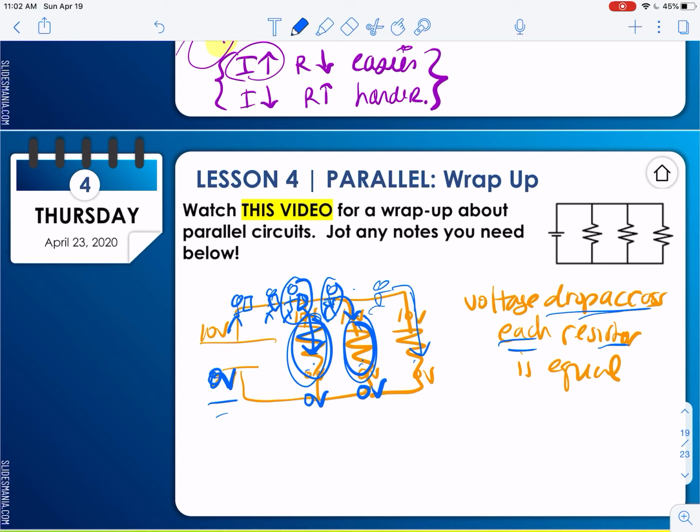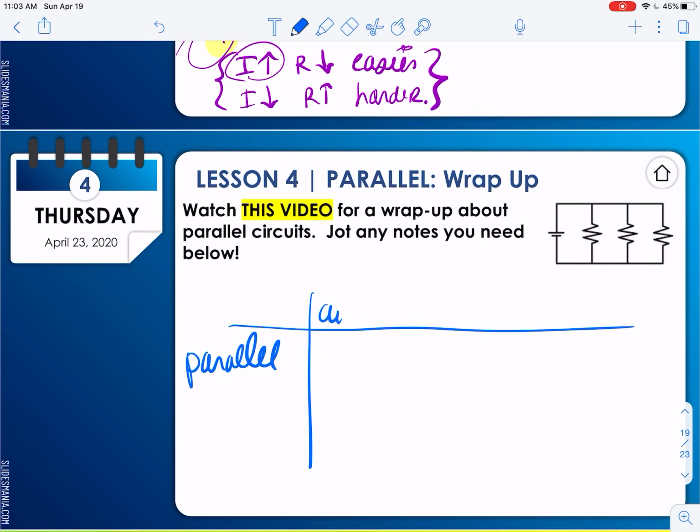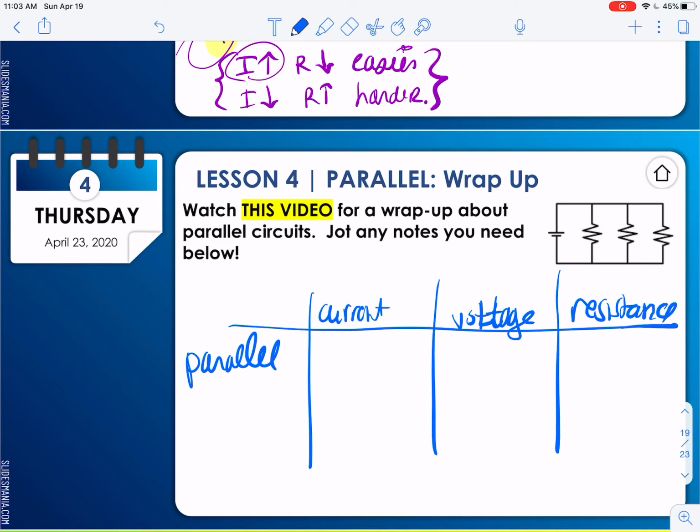All right, so let's take a look at the chart. So in parallel now, we're going to have current, voltage, and resistance. Oh, I can't spell. And this is basically the summary of what I'm going to want in your final product, your poster, your Prezi, your video, whatever you're making.